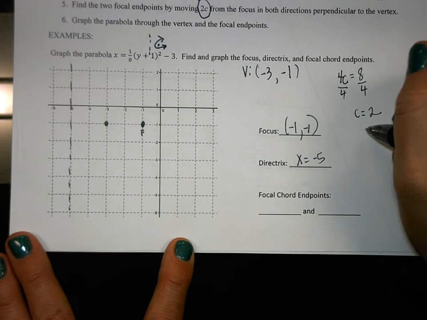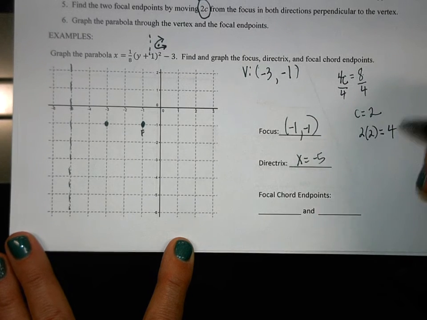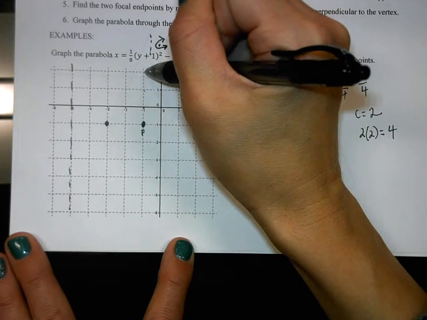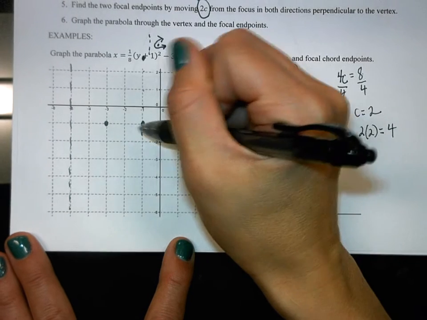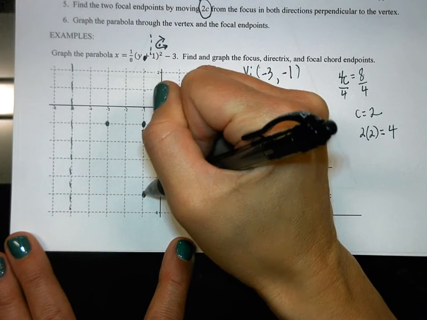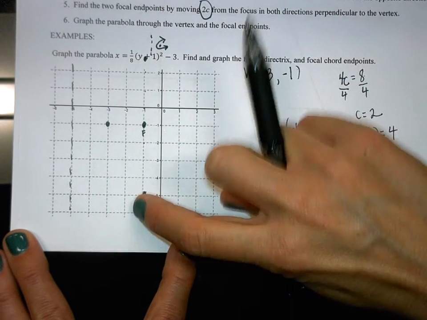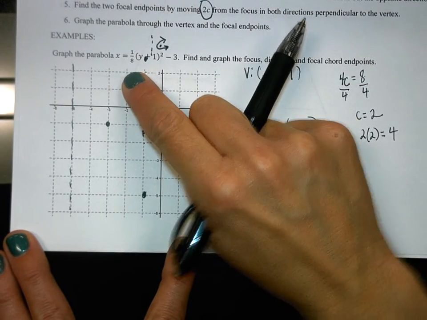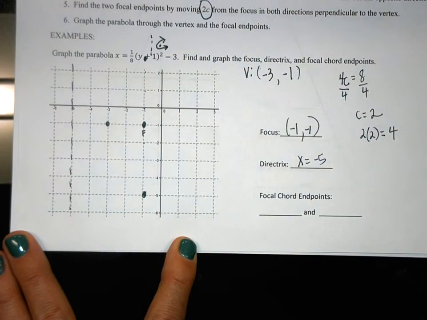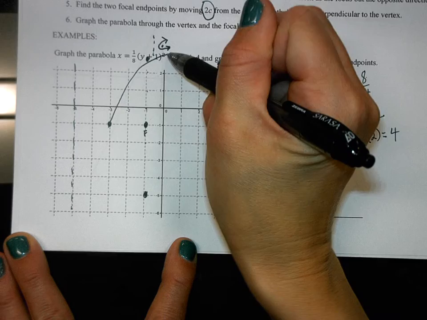So we go the distance of 2 times 2, which equals 4. And so we go 1, 2, 3, 4 up. It's kind of going off the graph there. And then down 1, 2, 3, 4. Also know that this whole distance should equal the denominator. And 4 plus 4 does equal 8. Okay? And then we make our curve.